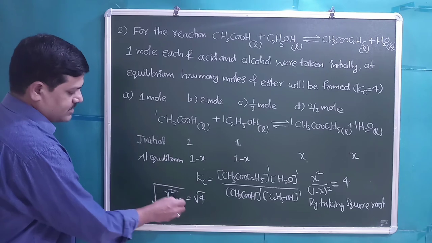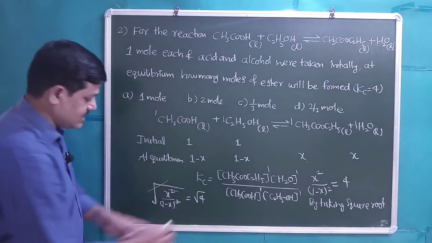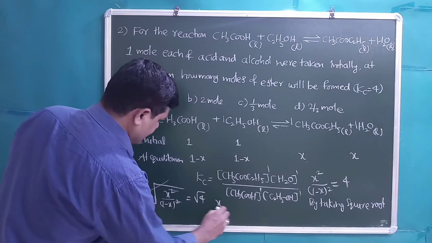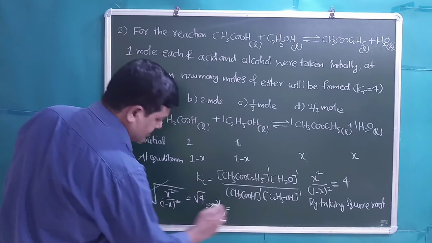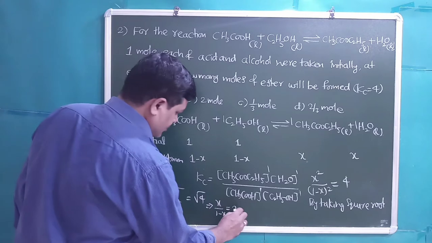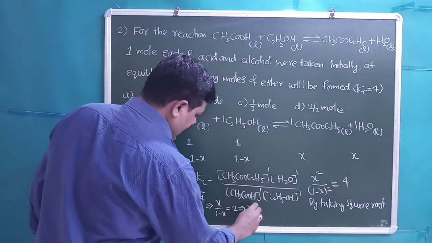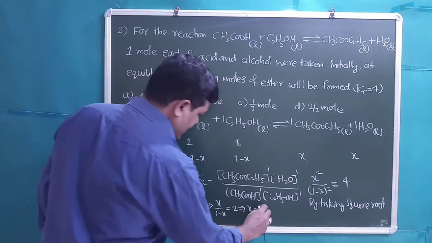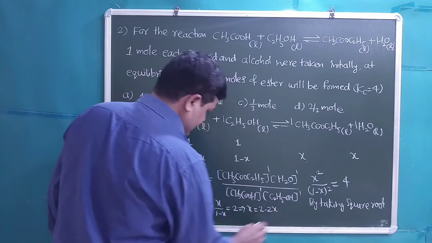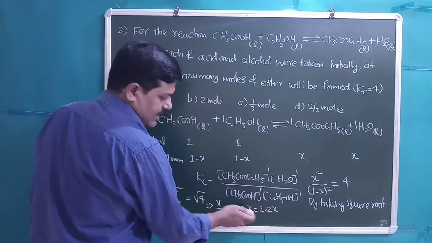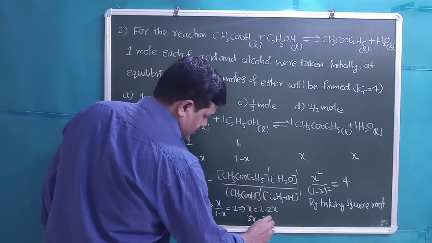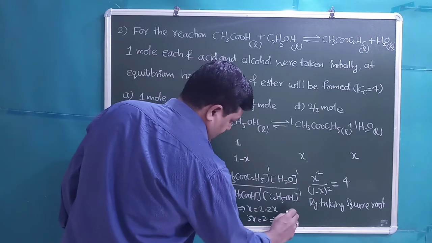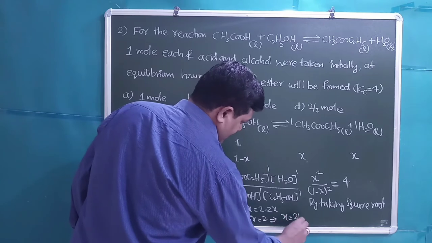Then the square root will get cancelled, so remaining terms: x divided by 1 minus x is equal to square root of 4, which is 2. Let us simplify this. By cross multiplication, x is equal to 2 minus 2x. Transferring minus 2x to this side, it becomes x plus 2x, 3x is equal to 2. This implies x is equal to 2 by 3.